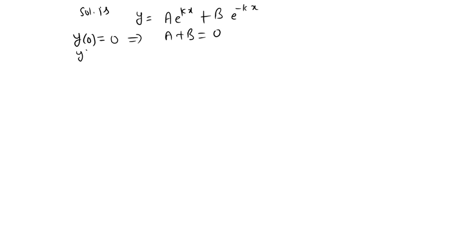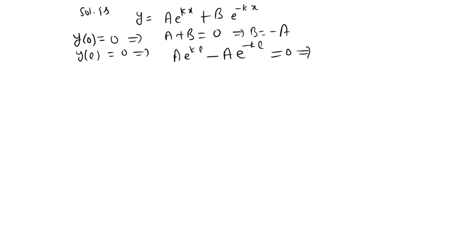So the solution is y equal to a e power kx plus b e power minus kx, or you can write c1, c2. Now use boundary conditions to find a and b. y at 0 equal to 0 will give you a plus b equal to 0, so b equal to minus a, and y at L equal to 0 will give you a e power kL minus a e power minus kL equal to 0.